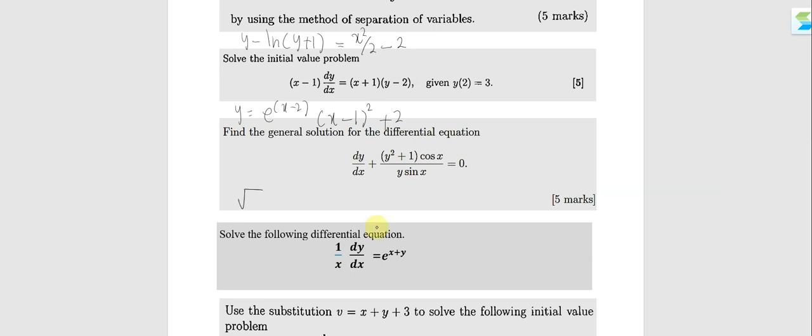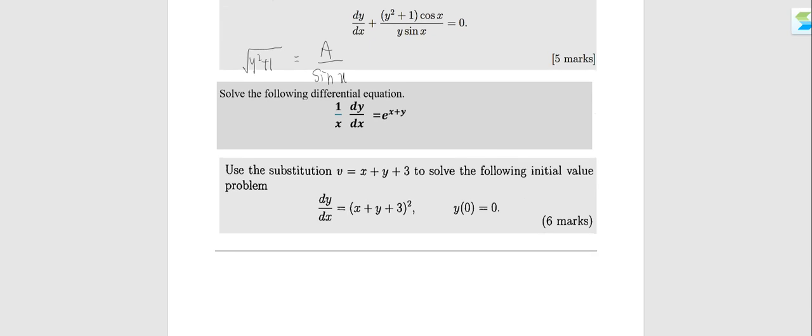So we have square root of y squared plus 1 equals a over sin x. The next one is e to the power of negative y equals minus e power x, x minus 1, minus c.